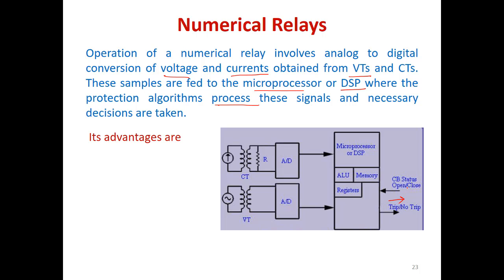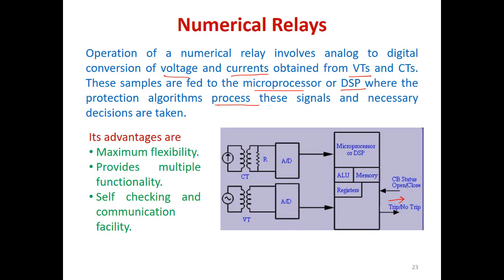So it has very special advantages. The first advantage is maximum flexibility. It can be changed to any type of relay, right? Because it's a DSP kit, based on the programming we can change the configuration of the relay, and it provides multiple functionality, in the sense that not only does it give a signal to the circuit breaker, it can also be used for measurement purposes, right?